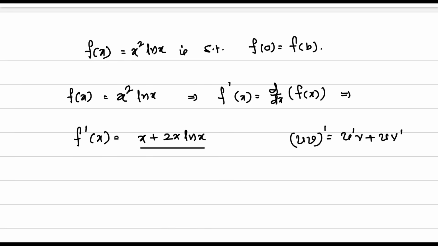What is function double dash x? I expect that you know a little bit of calculus, differentiation, and I need not do here again and again the simple differentiations. d by dx of x plus 2x ln x.